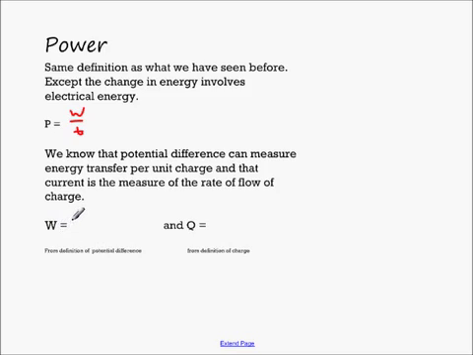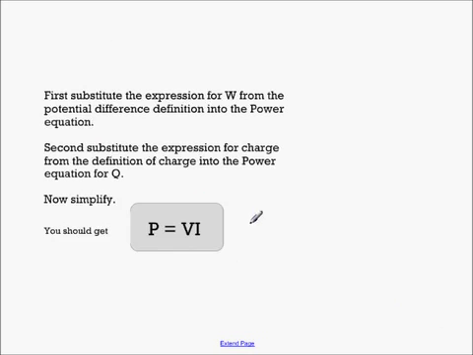V equals W over Q, so this is W equals VQ. And we want to know the amount of charge at any one time, so we have Q equals IT. You can probably see how those two equations will relate to that. So what we're going to do is combine them all, and then you get that equation there, P equals VI.